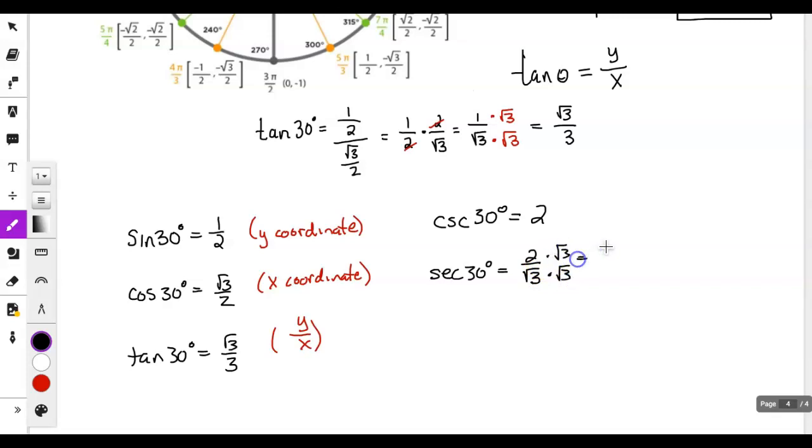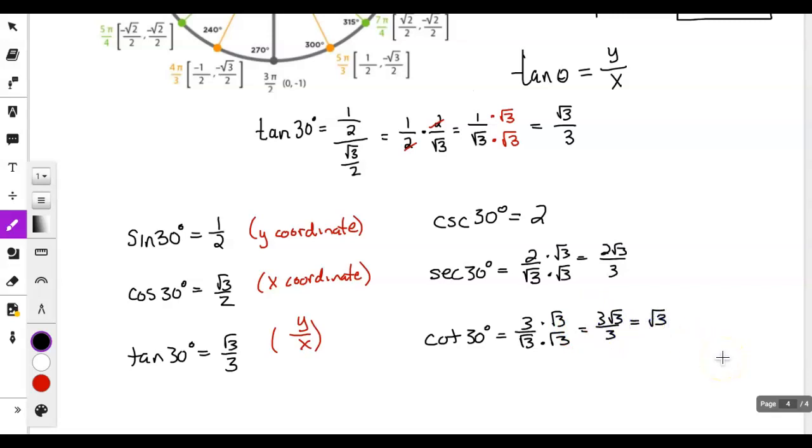So you get 2√3/3. And then for the cotangent of 30 degrees, you're going to flip to 3/√3 and then rationalize it. So that's 3√3/3, and then simplify to √3.